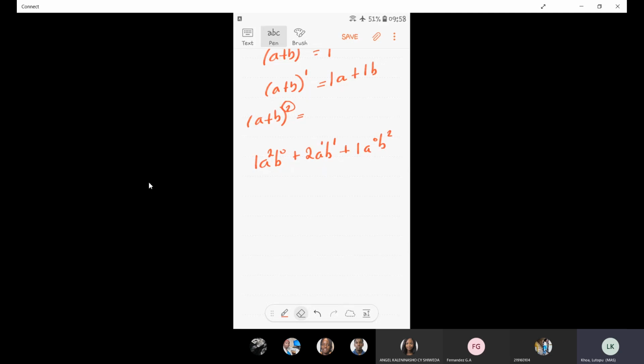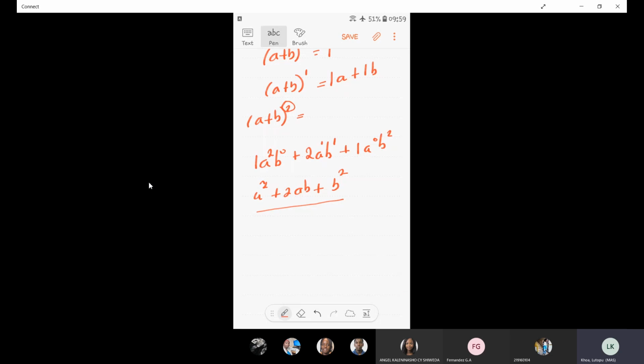The powers of b are increasing: b to the power of 0, b to the power of 1, and b to the power of 2. So I can rewrite this so it looks better. This is just a squared, and we know that b to the power of 0 is equal to 1. Then I have 2ab, and then I have b to the power of 2. And I'm sure you can tell that that is indeed the expansion of a plus b to the power of 2.